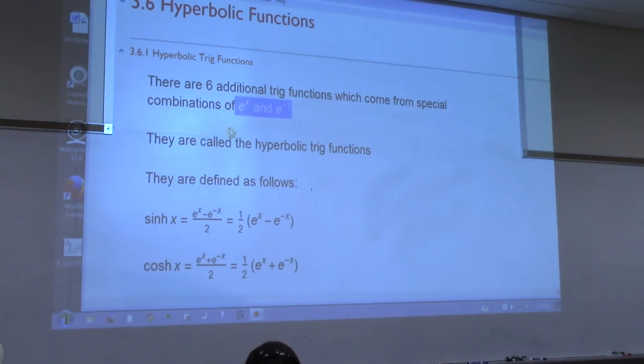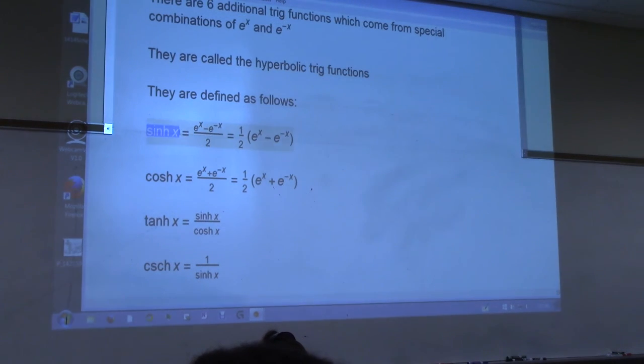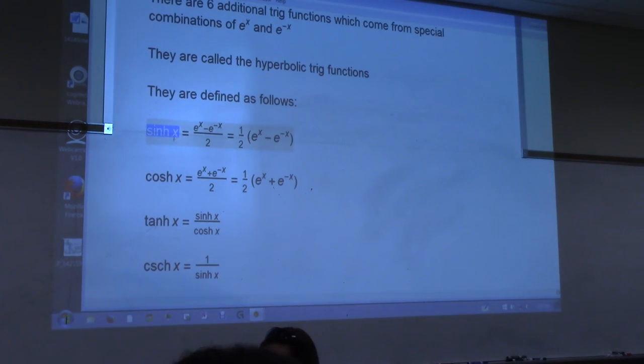And the definitions are pretty straightforward. There's no craziness here. The hyperbolic sine function, or you could say the sine hyperbolic function. I've heard it said both ways. Technically, I believe you're supposed to say hyperbolic sine, but when you're reading it from left to right, you might say sine hyperbolic, and that's okay. So sine hyperbolic of x is equal to e to the x minus e to the negative x, divided by 2.